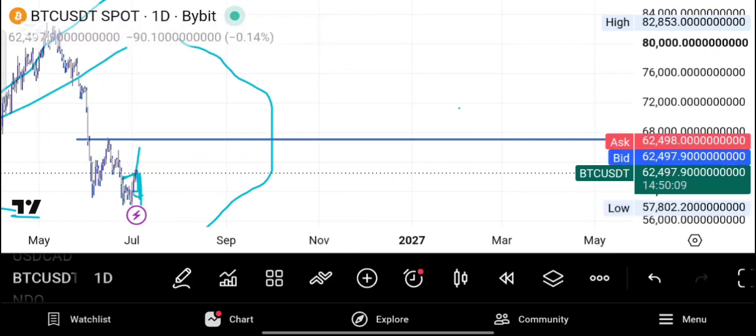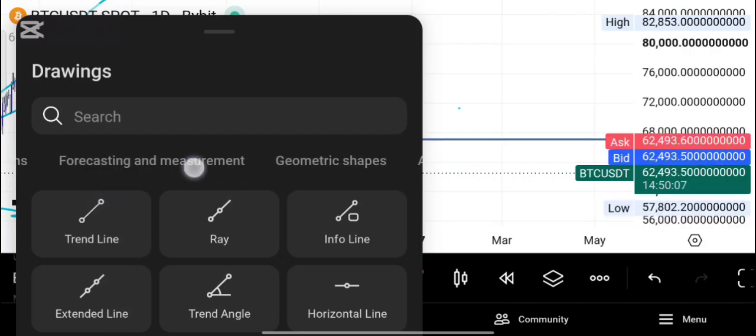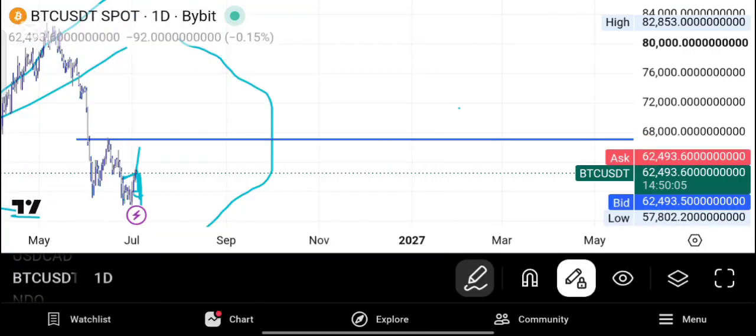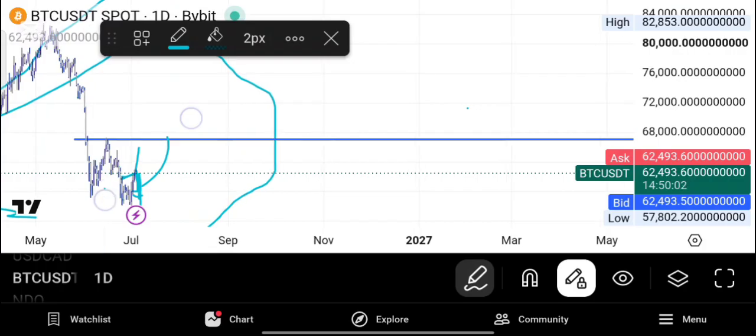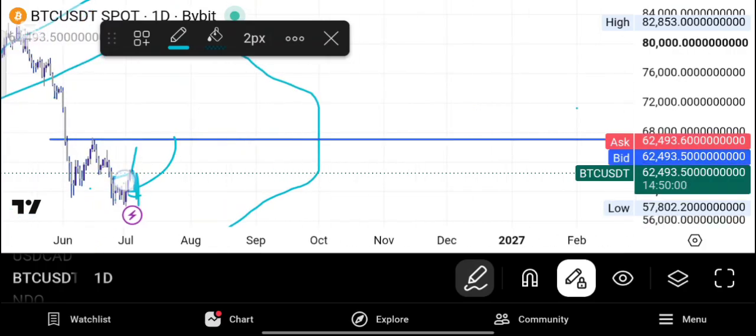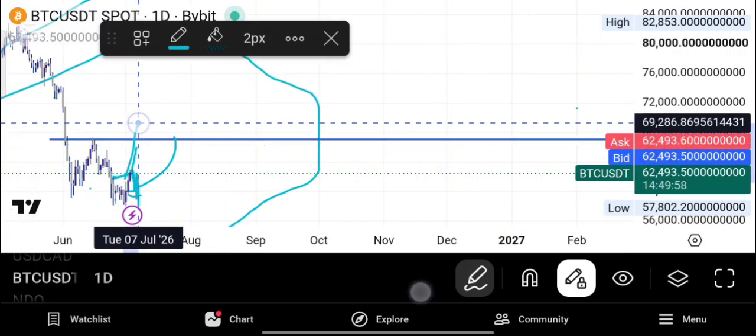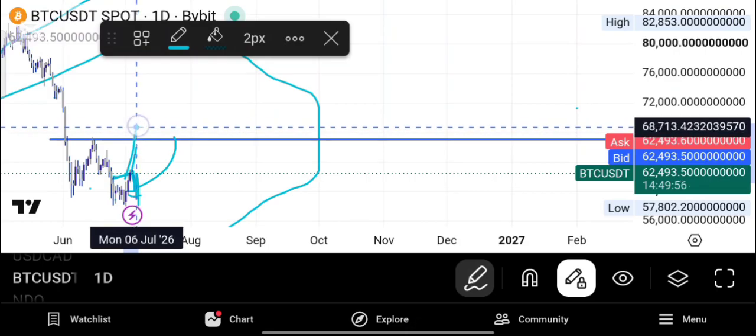If price can actually buy and break the structure, then we are bullish.